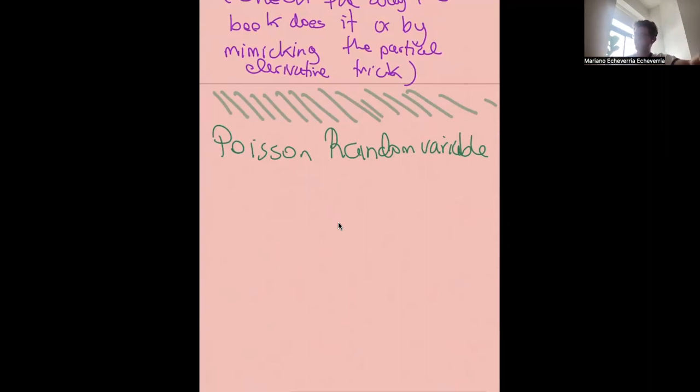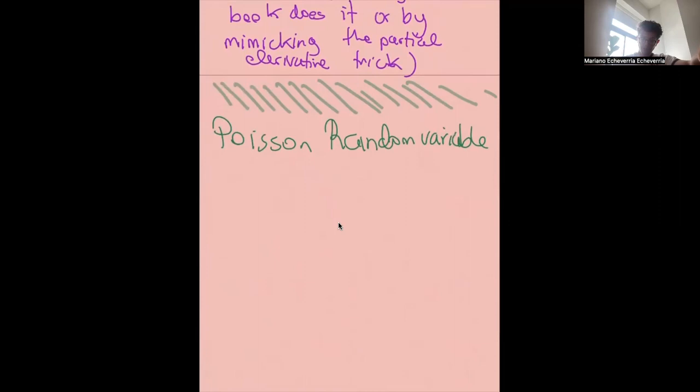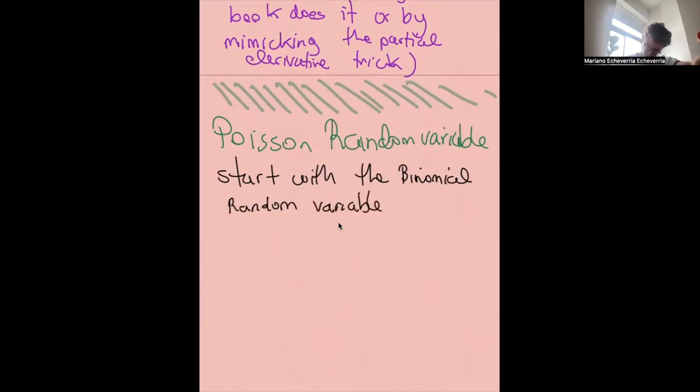So the idea here is that we start with the binomial random variable, with parameters n and p.